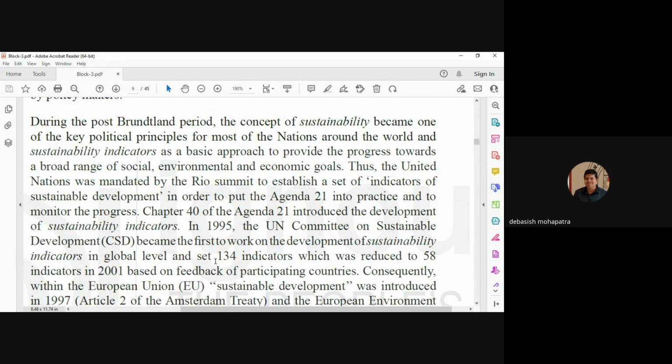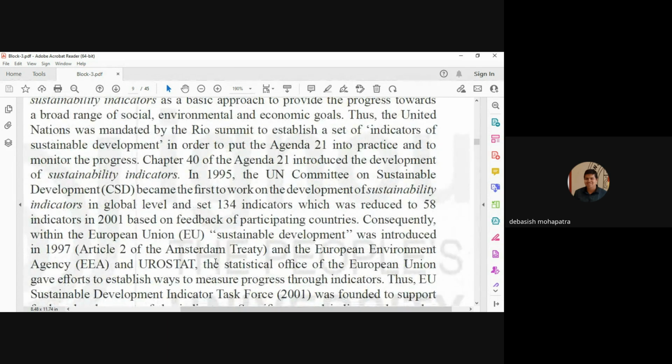Chapter 40 of Agenda 21 introduced the development of sustainability indicators in 1995. The UN Commission on Sustainable Development (CSD) became the first to work on the development of sustainability indicators at the goal level and set 134 indicators, which were reduced to 58 and then to 31 based on feedback from participating countries.